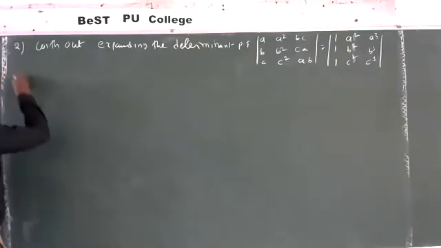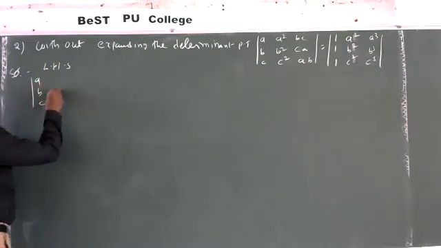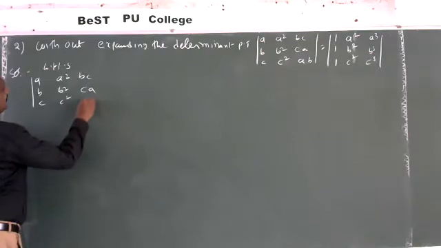Now take the LHS value. Determinant of a square, b square, c square, abc, bc, ca, ab.